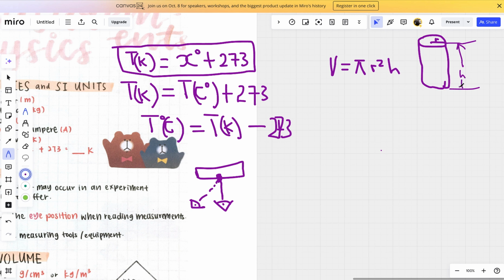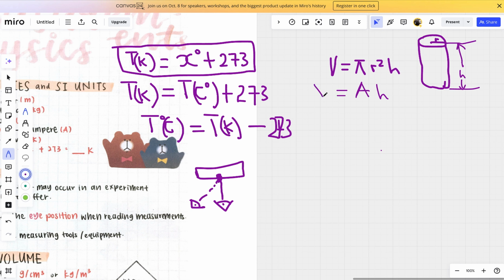Okay, so this is how the formula comes. Pi r square for the circular part is the area of the circle. The volume is always area times height, right? This pi r square is the area. Area times height is the volume. So this formula is the same as saying area times height.